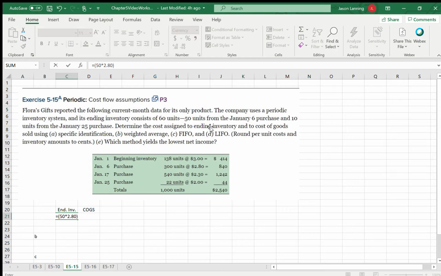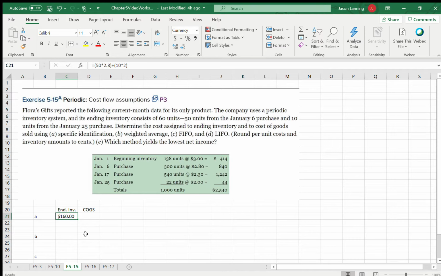We also have 10 units from the January 25th purchase. Those were $2 each, so we add the 10 units at $2 each. Look at this, we have ending inventory of $160 because with specific identification they're telling us exactly which ones we have left in inventory.